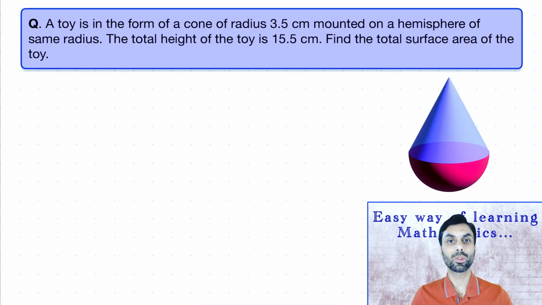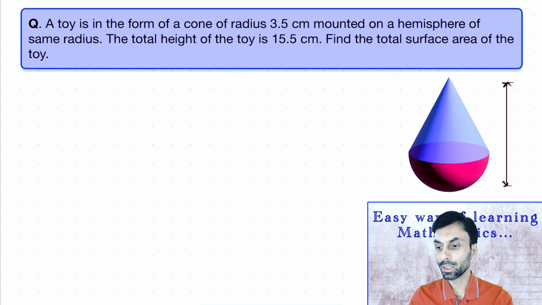Now let's move to the questions. The first question is: a toy is in the form of a cone of radius 3.5 centimeter mounted on a hemisphere of the same radius. The total height of the toy is 15.5 centimeter. Find the total surface area of the toy. Here the total height is given as 15.5. Let us take the radius as r, so the value of r is 3.5 centimeter.